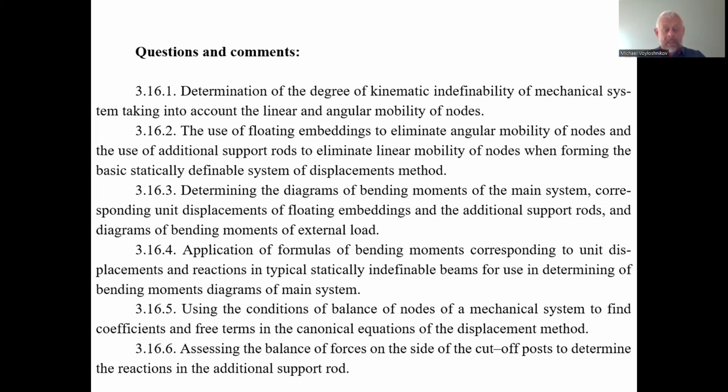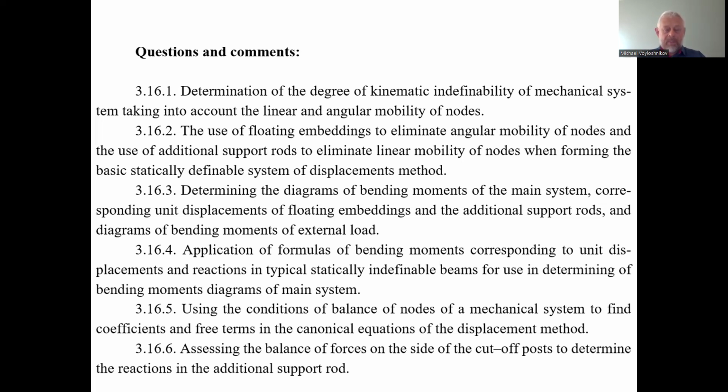If we have the diagram of the bending moment, sometimes we can use that for finding the diagram of the shearing forces, the transverse forces. The diagram of shearing forces we can use to find the factors in the canonical equations of the displacement method.